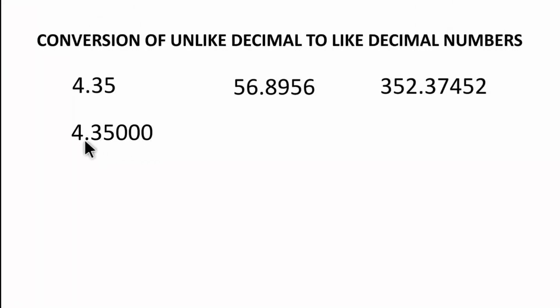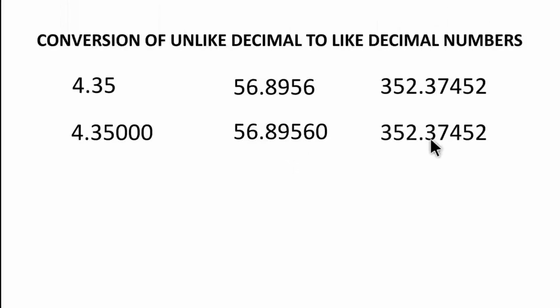So 4.35 will have 5 decimal places if we add 3 more zeros. Similarly, in 56.8956, if we put 1 zero after the 6, then we'll have 56.89560, which has 5 decimal places. And this one is already in 5 decimal places. Now after the decimal, we have 5 digits in all the decimal numbers, so now we can say they are like decimal numbers.